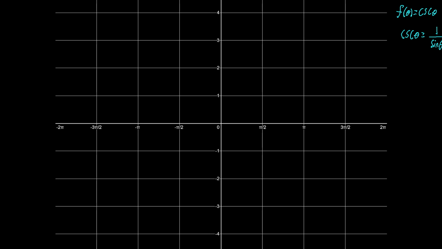Let's do sine. Sine looks like this. Sine starts at 0. It goes up to 1 at pi over 2, comes back down to 0 at pi, comes back down to negative 1 at 3 pi over 2, and then comes back up. And then it just continues its business on the other side, all the way like that.